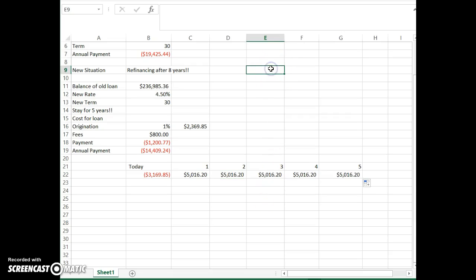Now we'll do the payoff comparison. We will take the old and the new, and it will be 13 years for this one. That's 8 plus 5. And this will be 5 years.